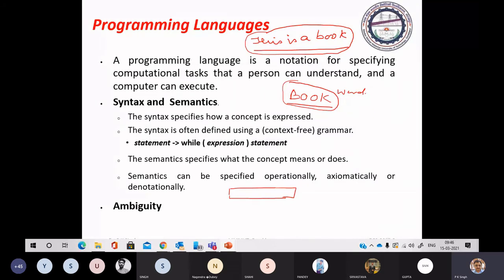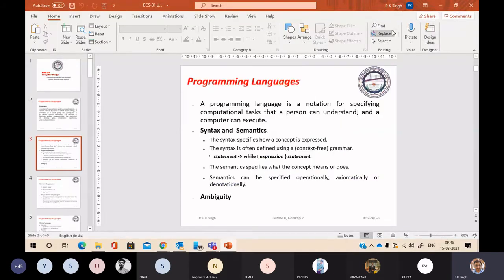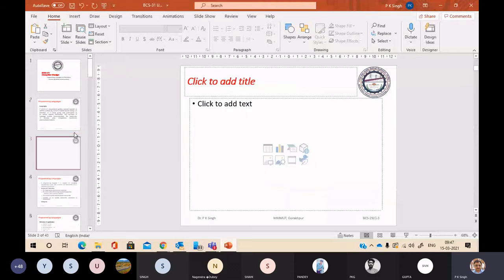And to develop the understanding, just consider an example. Take a blank page.